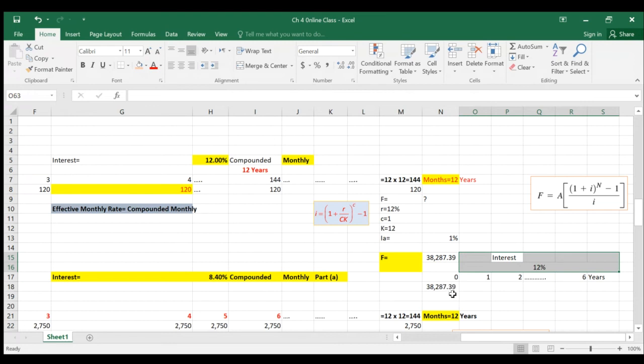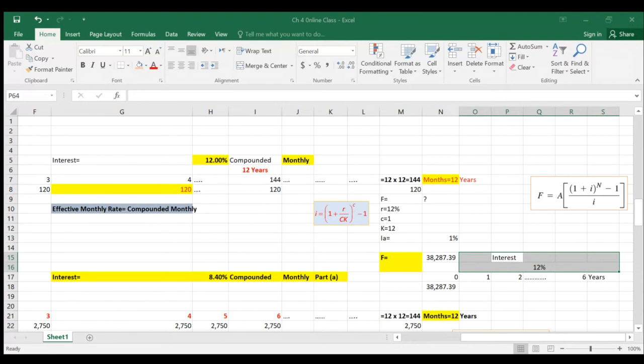Now 38,287 is your P, and your N is 6 years. So I is 12%, using F equals P times (1 plus I) to the power N for 6 years. What is your answer? Can you calculate?